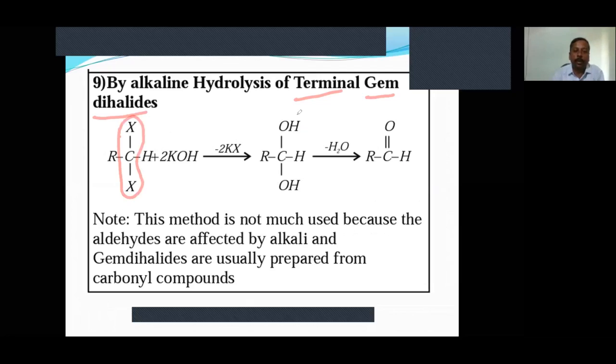So on that place, what will you find? Two OH groups, but it is not permitted to have two OH groups on the same carbon. So H2O will be eliminated and a double bond will be formed. This method is not much used because aldehydes are affected by alkali and gem halides are usually prepared from carbonyl compounds. Okay, so this is about the preparation methods.